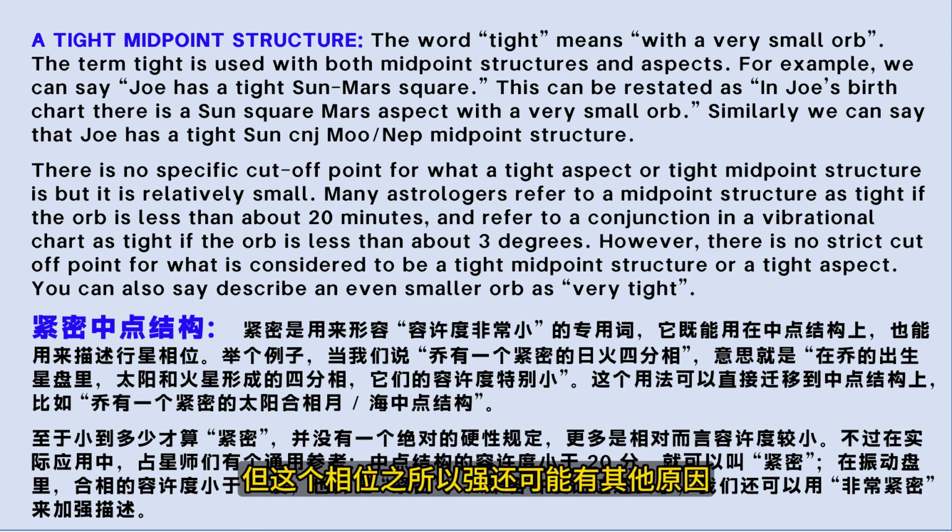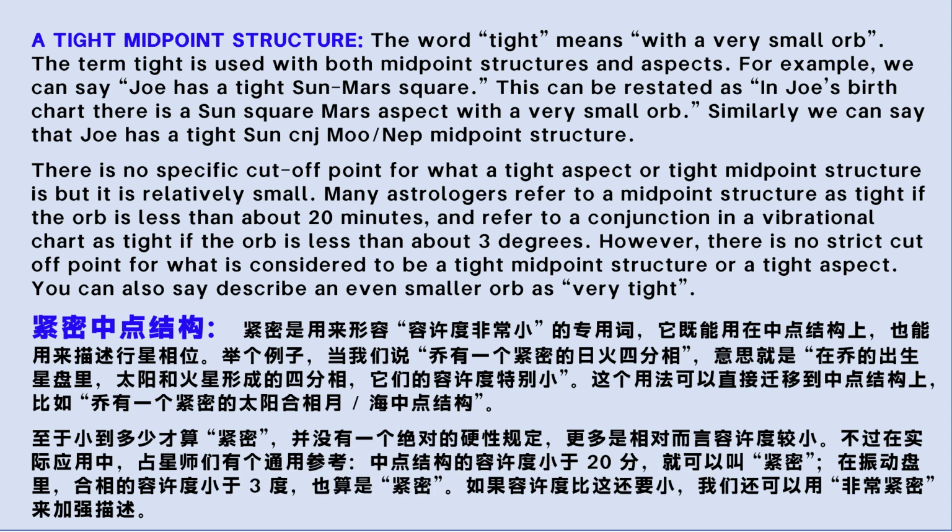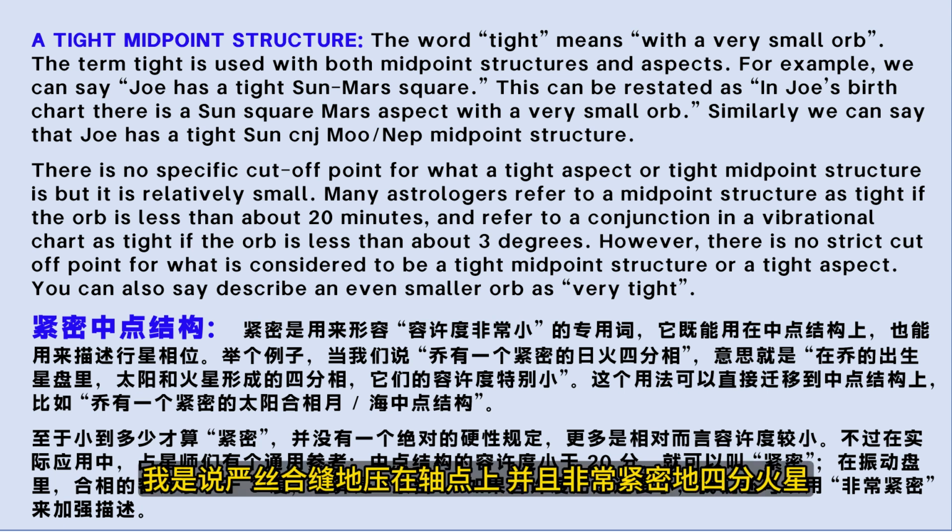However, there could be additional reasons why that Sun square Mars is strong. What if one of the planets is right on an angular house cusp? So you have Sun right on the 7th house cusp, like right on, very, very tight.